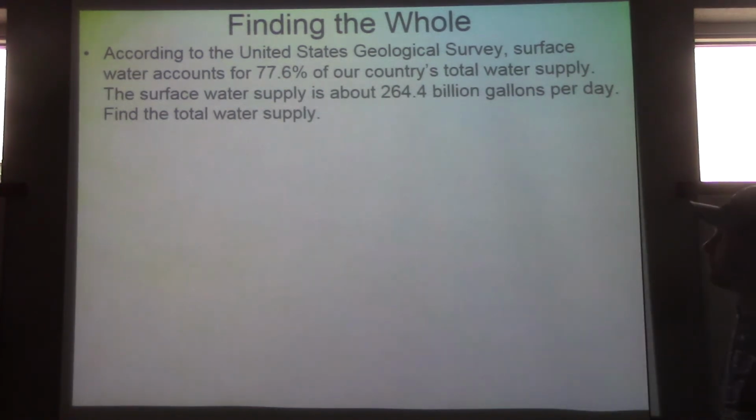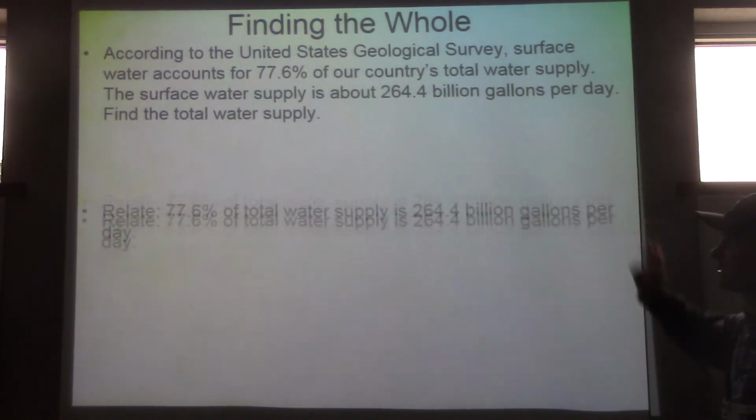So, story problem. Looks all terrible. According to the United States Geological Survey, surface water accounts for 77.6% of our country's total water supply. The surface water supply is about 264.4 billion gallons per day. Find the total water supply. Again, they give us the percent right here, so that would go over 100. The water supply is, so that's the is part, so that goes on top.